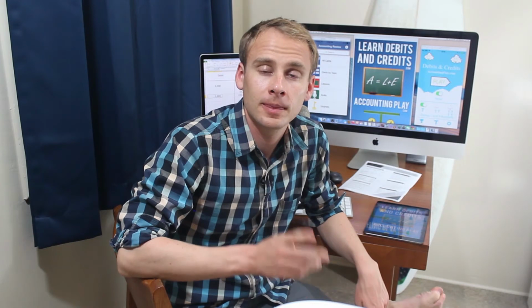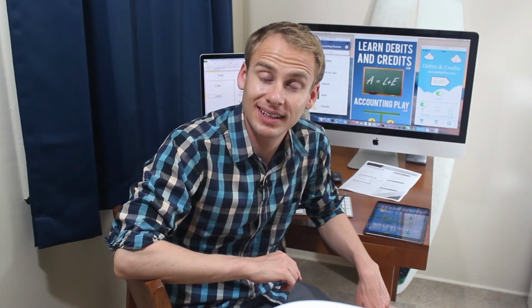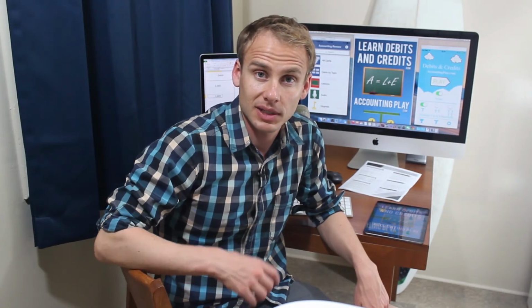Equity is a good thing. You want equity going up. Increase equity with the credit by making money on your income statement, by having a profit. It's possible to have losses, which would be debits in retained earnings. When money is paid to the shareholders via dividends, it reduces retained earnings.